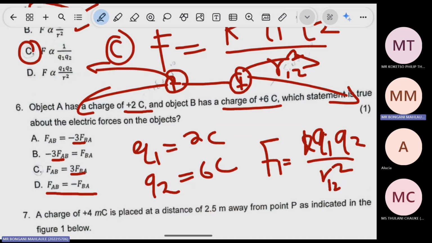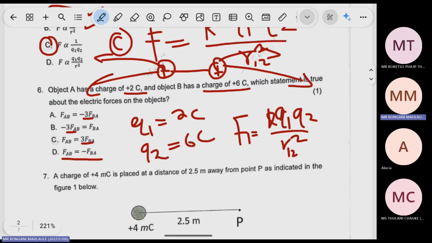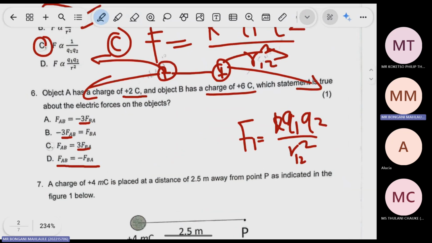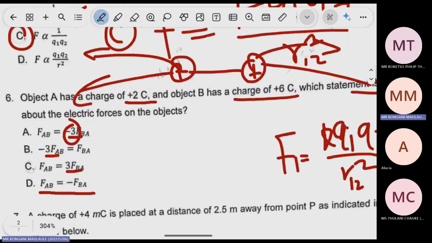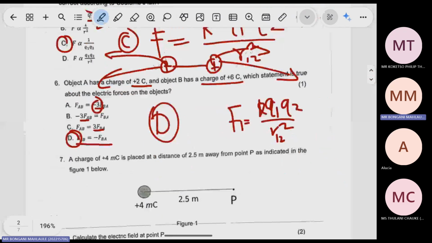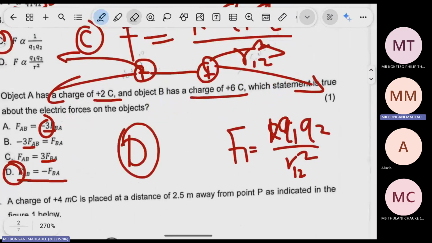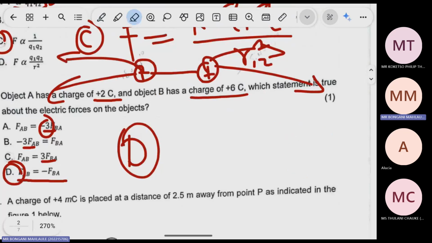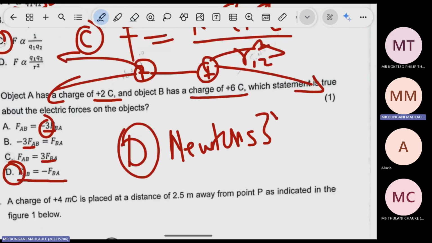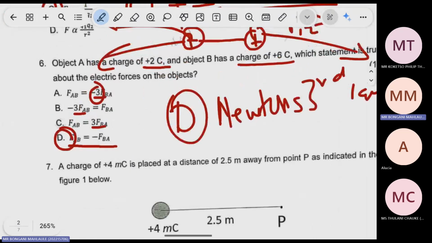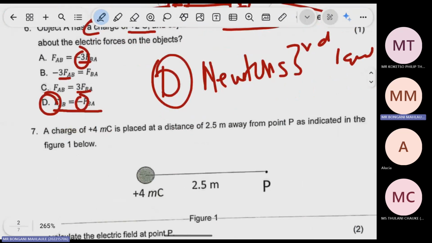So this is a matter of understanding Newton's third law of motion. You'll be surprised where they're getting this 3, right? So the answer is just letter D. We're applying Newton's third law of motion. Remember that they're going to repel each other. That's why this one is negative.